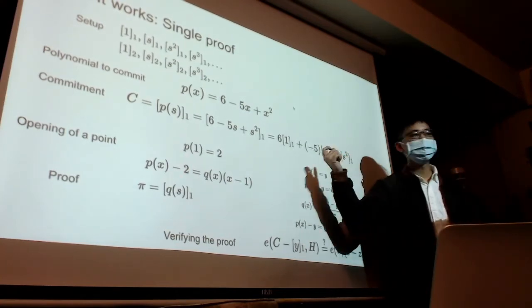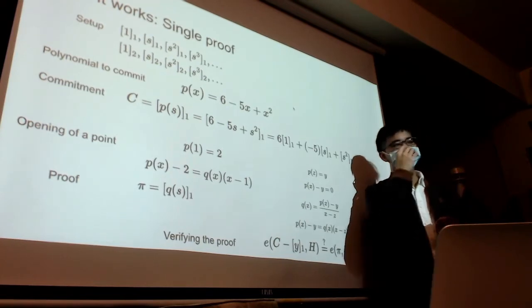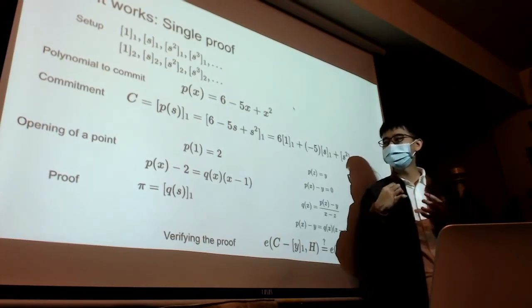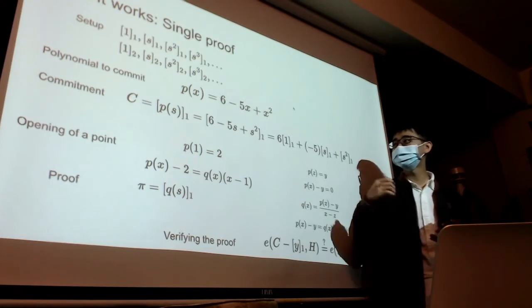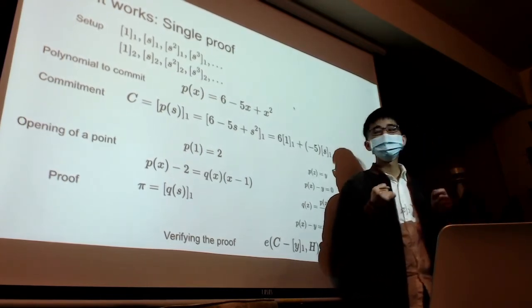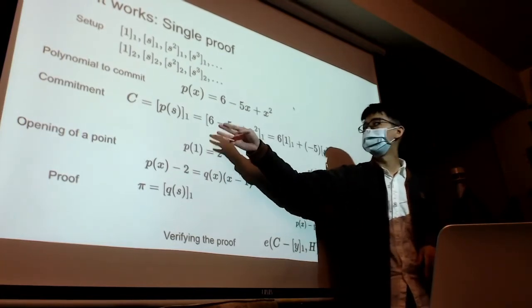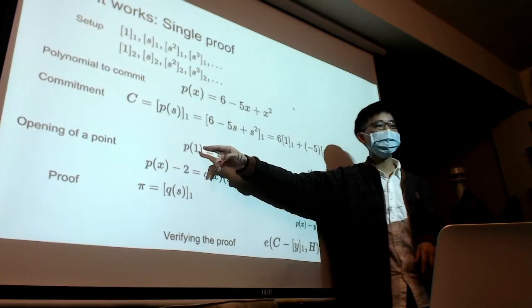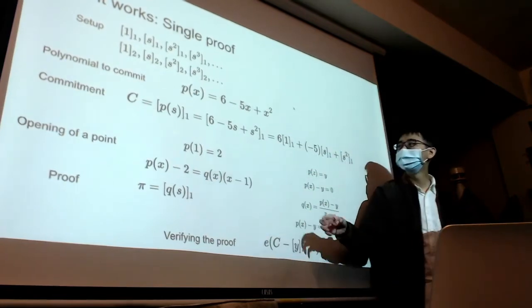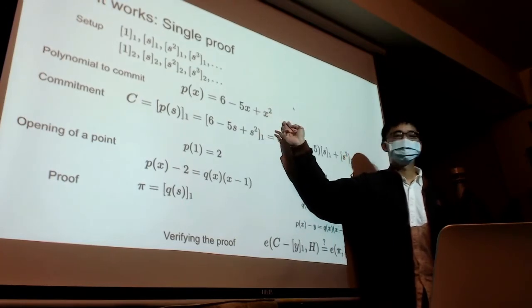After this value is committed, you want to prove a number that is in this polynomial. For example, if we evaluate at x equal to 1, this equation evaluates to 2.